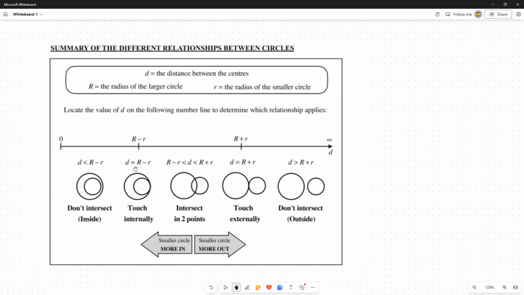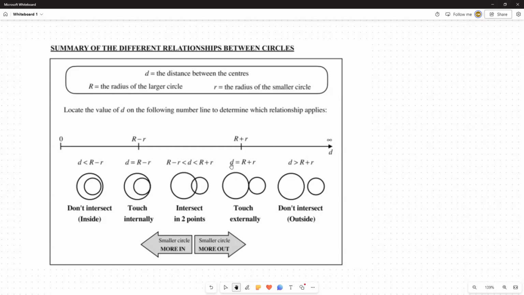If the distance is equal to the difference between the two radii, then they do touch, but they touch internally. So the small circle is inside the big circle again. Now, if your distance is between the difference and the sum of the two radii, then you know they will meet at 2 points.